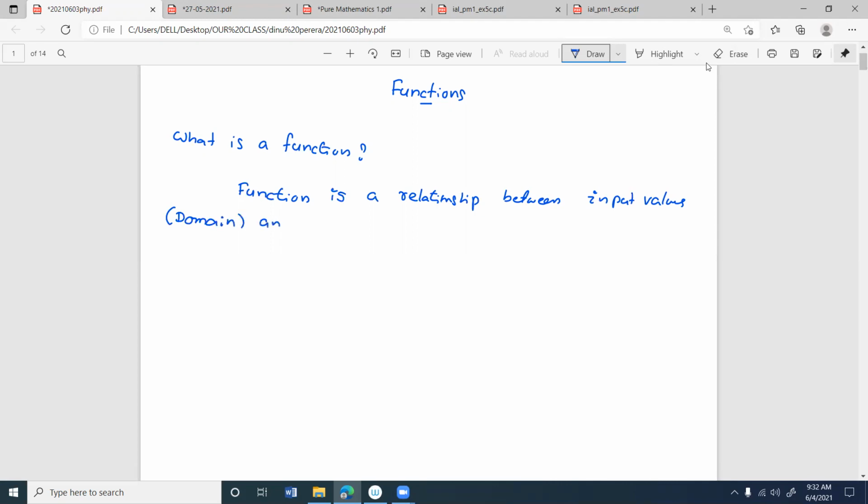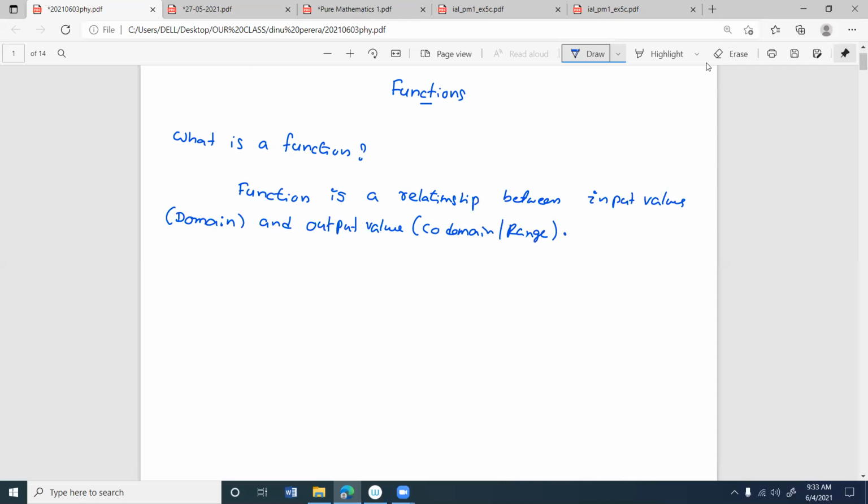And output values we call the codomain, or we call it the range. In our curriculum, we prominently use the term range, not codomain.